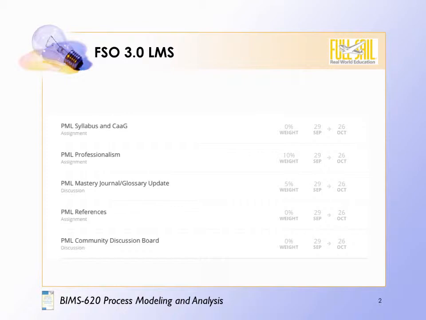There is a mastery journal and glossary update, which is open the entire month. You have the whole month to make journal entries and glossary updates, but it is technically due at the end of week 4. There's a reference section for any addendum documents that come with the course, so feel free to browse it and download anything you need.